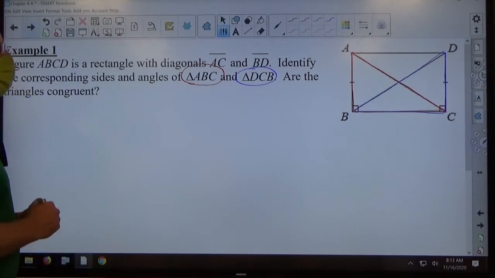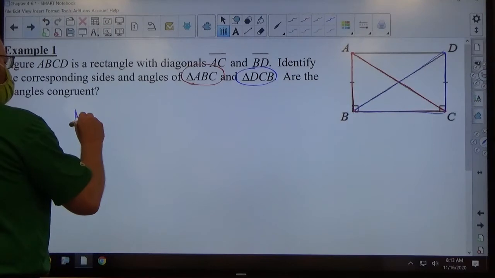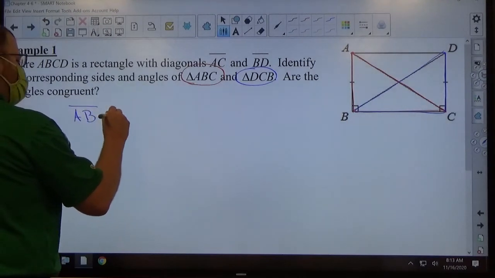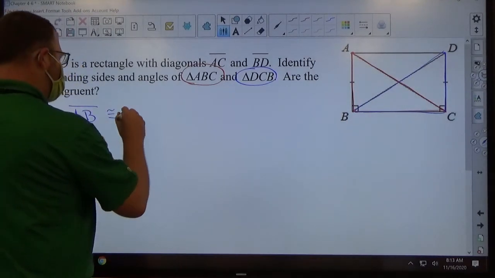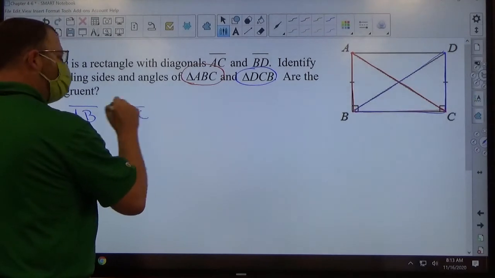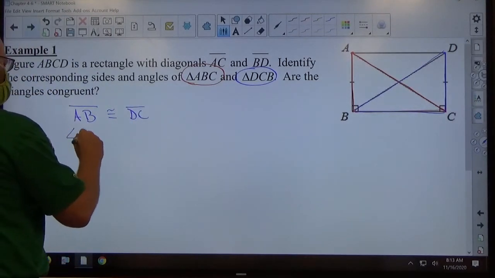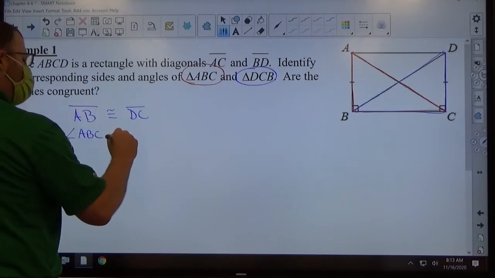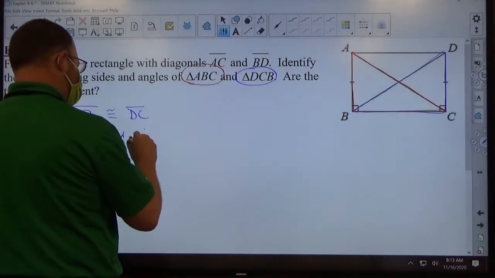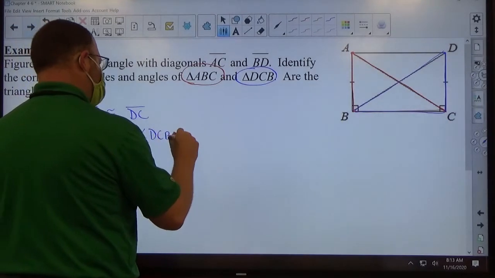Specifically, I know that AB is congruent to DC, and angle ABC and angle DCB are right angles.